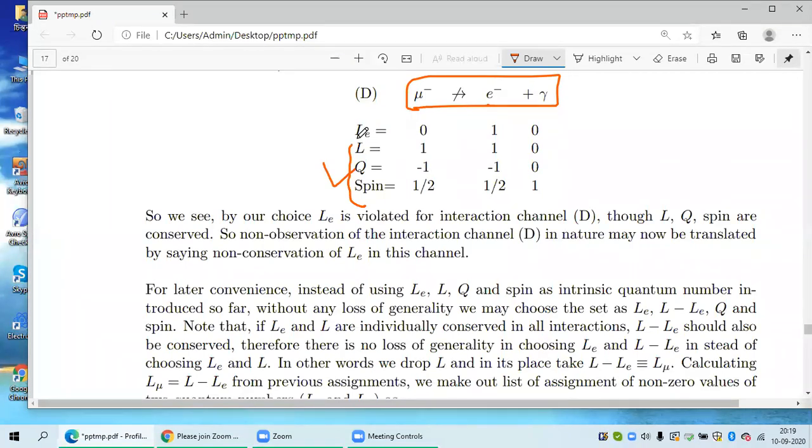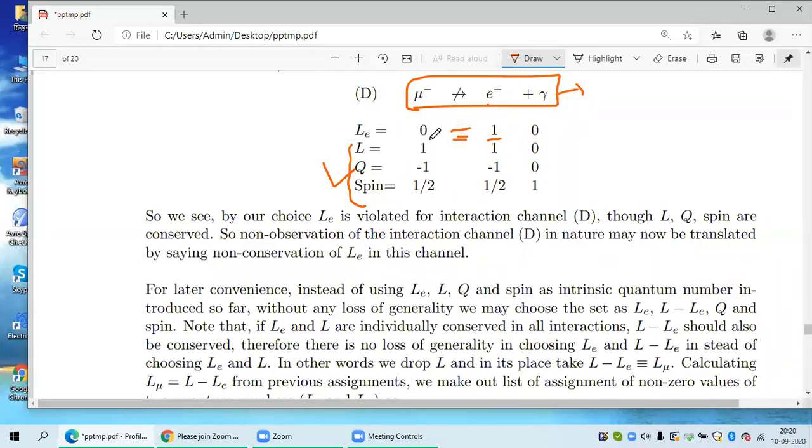We want to translate it in terms of non-conservation of a quantum number, and that quantum number was not there so far. So we introduce it and assign its value, looking at this interaction, in such a way that it is not conserved in this reaction. So if I assign LE equal to +1 and then assign 0 to the other particles, we can directly check by this ad hoc assignment that the left hand side is not equal to the right hand side.